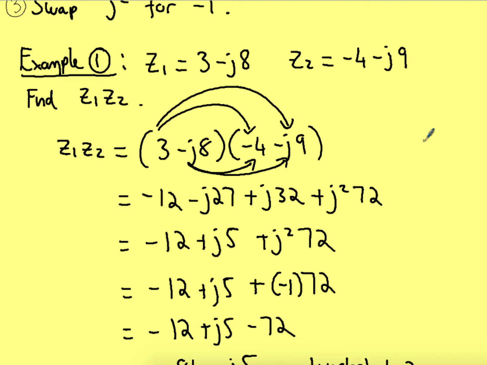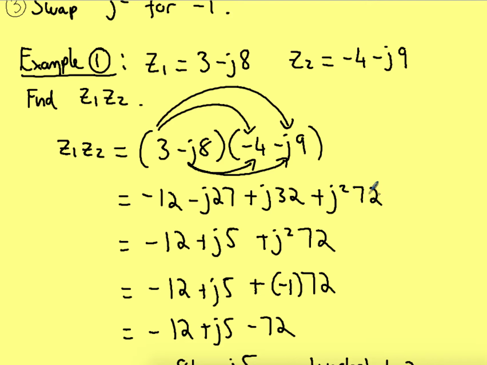And then we just multiply out the brackets. I always put the j at the start. So 3 times -4 is -12. 3 times -j9 is -j27. -j8 multiplied by -4 is plus j32. And -j8 multiplied by -j9 gives us positive j squared 72.